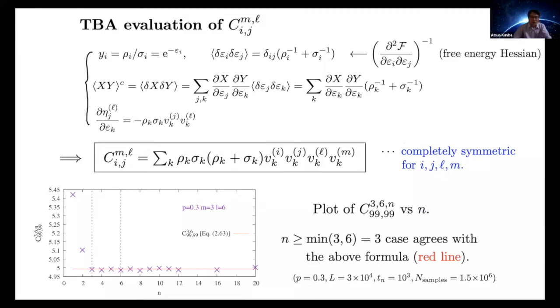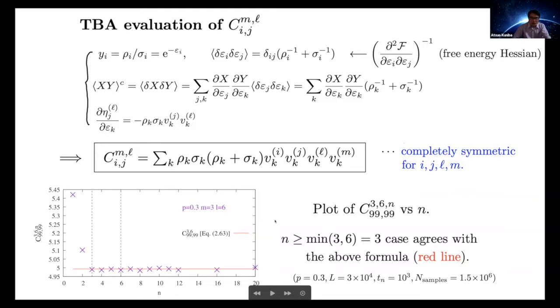So the very remarkable fact is this is completely symmetric with respect to the four indices. So as I said, the exchange of m and i and l and j are automatic, but the other exchange symmetry is quite non-trivial. So yeah, it's kind of interesting and curious.